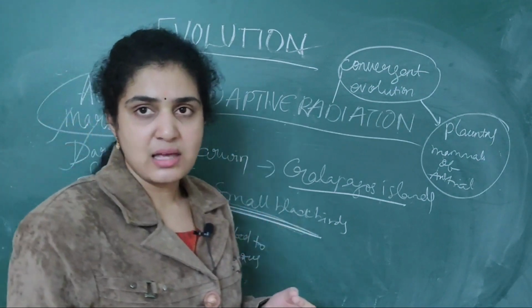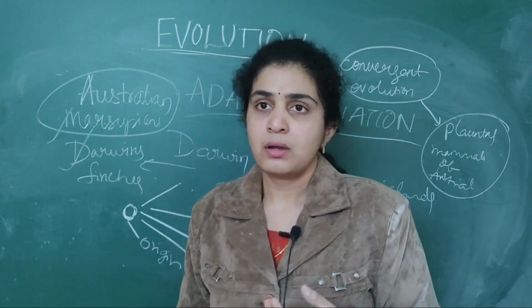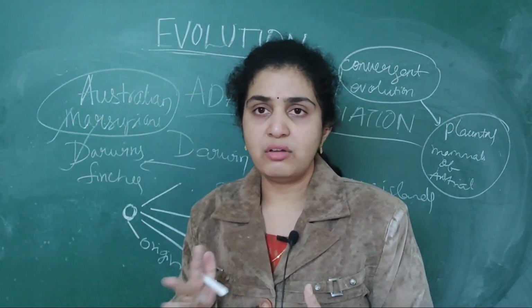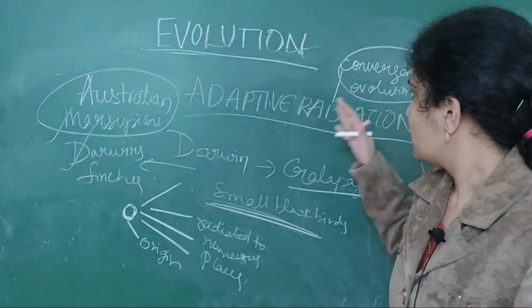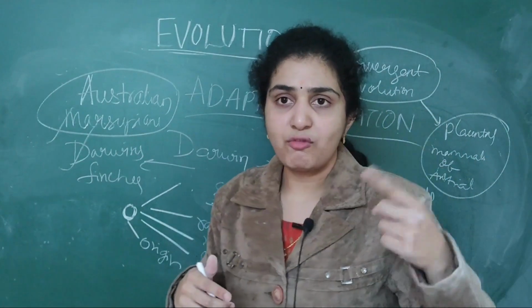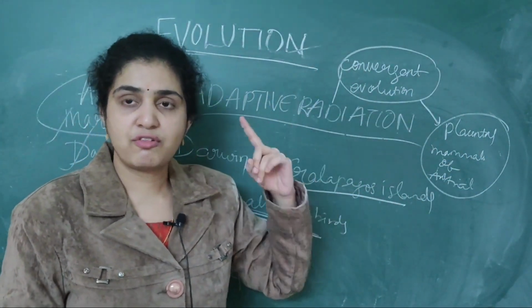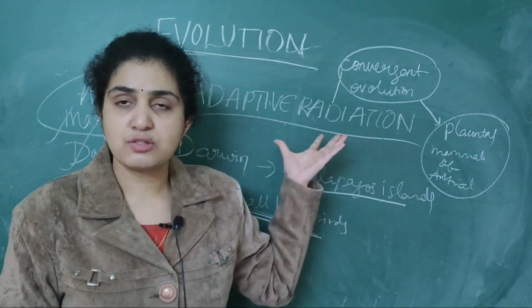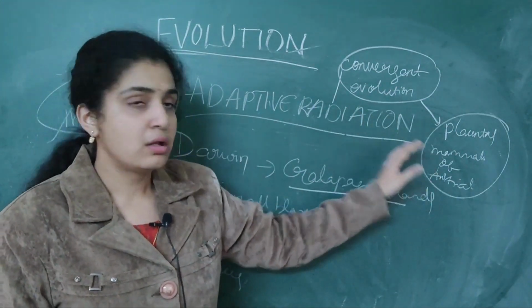He gave another example also, Australian marsupials. They originated in Australia and migrated to different parts of the world. Then, if more than one adaptive radiation is found in one area, it is called convergent evolution.